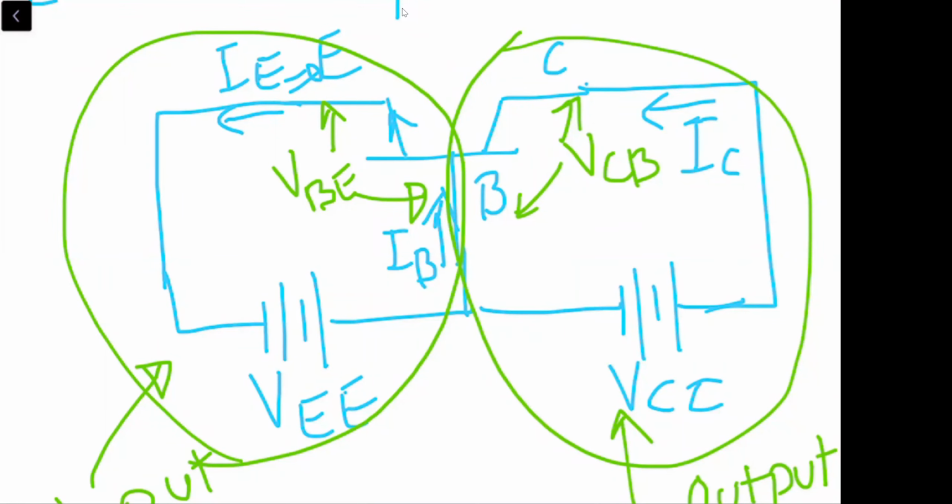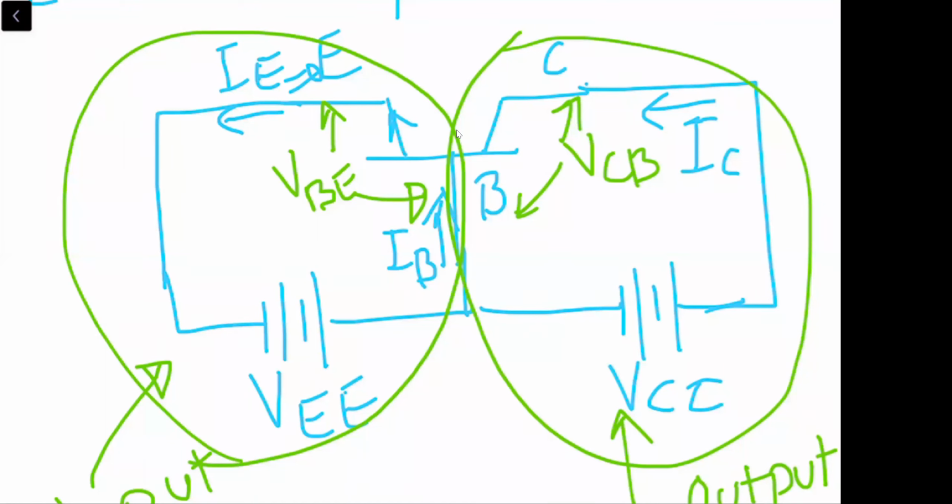Are you with me? So how does IE become equal to 0? This means that VEE, the biasing source connected to the input circuit, is not making VBE forward biased, right? So if VBE is not forward biased, in that specific case the emitter current will be equal to 0, right?